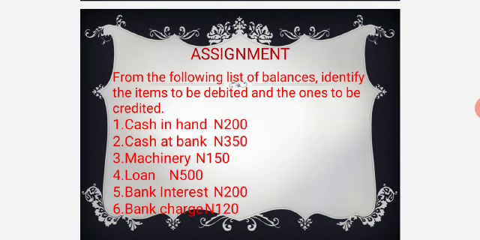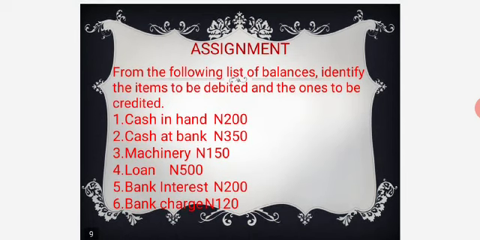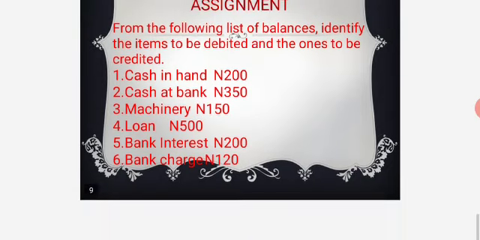I've listed: cash in hand 200 naira, cash at bank 350 naira, machinery 150 naira, loan 500 naira, bank interest 200 naira, bank charges 120 naira. You are expected to identify from this list of balances the items that should be debited and the items to be credited in the trial balance.